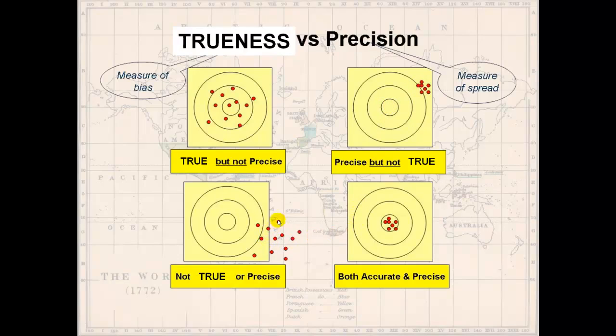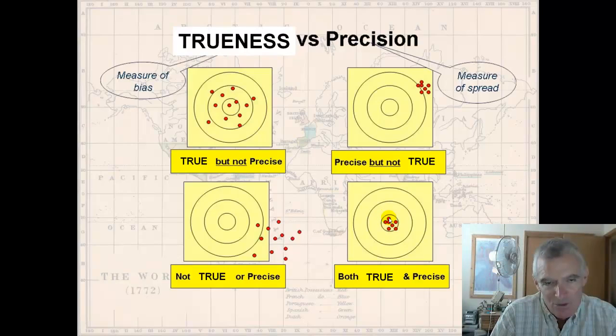Lower left corner, it's not very precise and not very true. Lower right-hand corner, it's both true and precise. So accuracy in the new definition requires both trueness and precision. So in the new definition: not accurate, not accurate, not accurate, accurate.